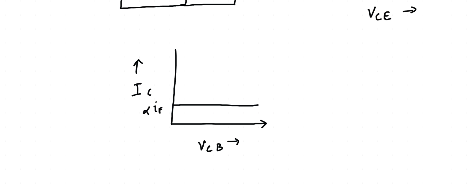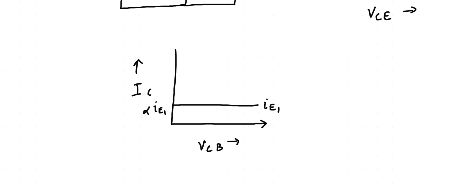IE1 was the component of emitter current that is because of the injection of electrons from the emitter region through the base to the collector. So this is IE1. Now you can see the collector current IC depends upon the component IE1.